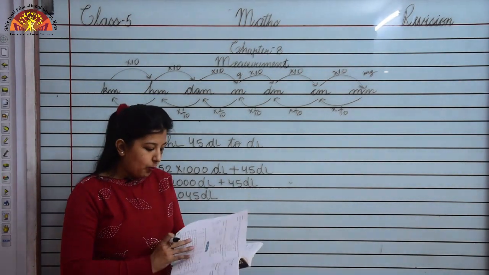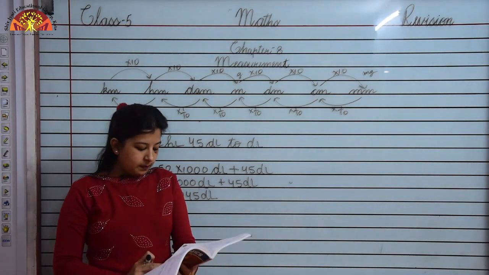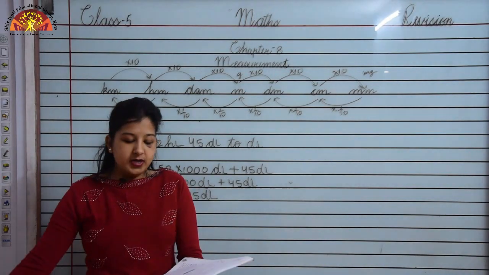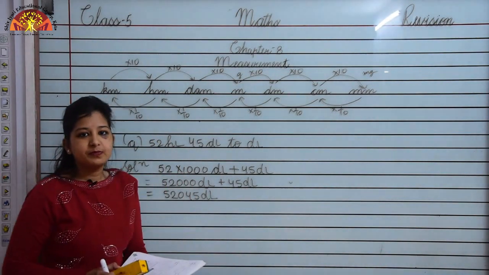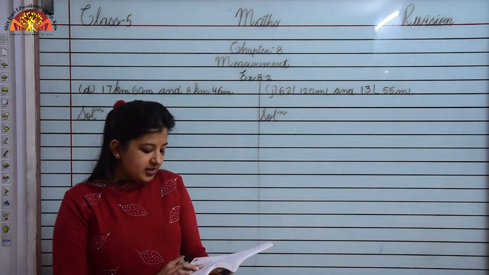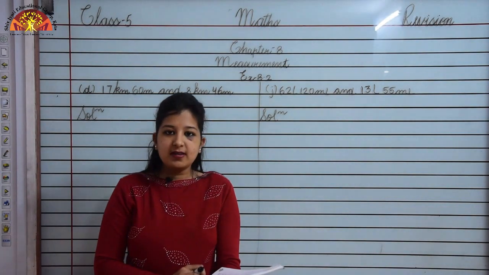Now, students, open page number 116 of your book, in which we are going to do D part of exercise 8.2. D part of question number 1 is 17 kilometer, 60 meter and 8 kilometer, 46 meter.